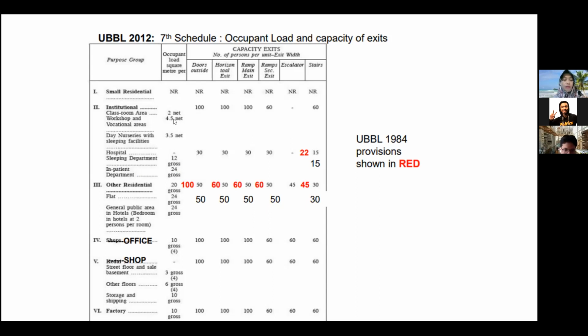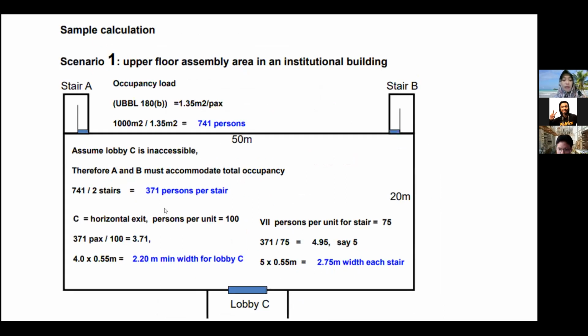Occupancy load per meter square. The doors is about 100. What does it mean by 100? When they say 100, it means per person per unit is 100. For the horizontal exit, the door, persons per unit is about 100.